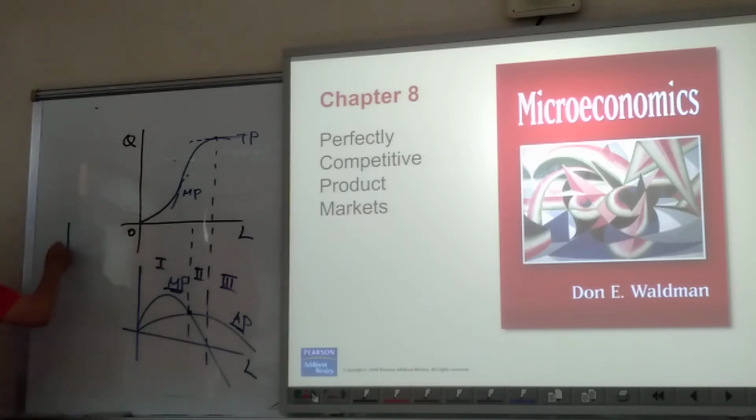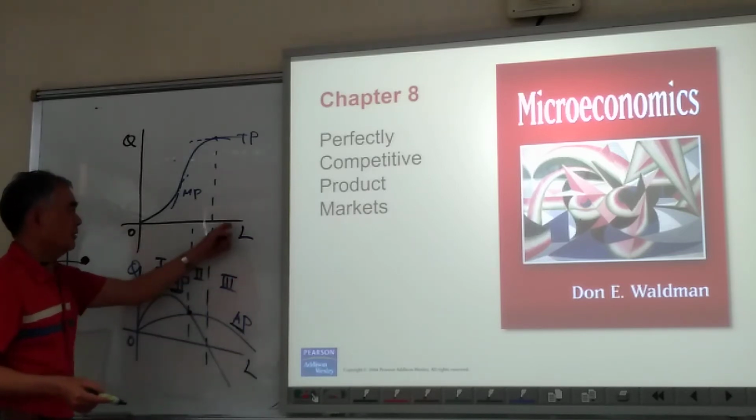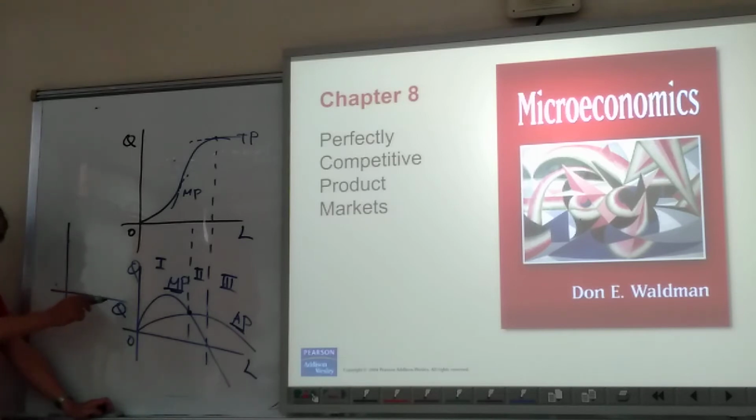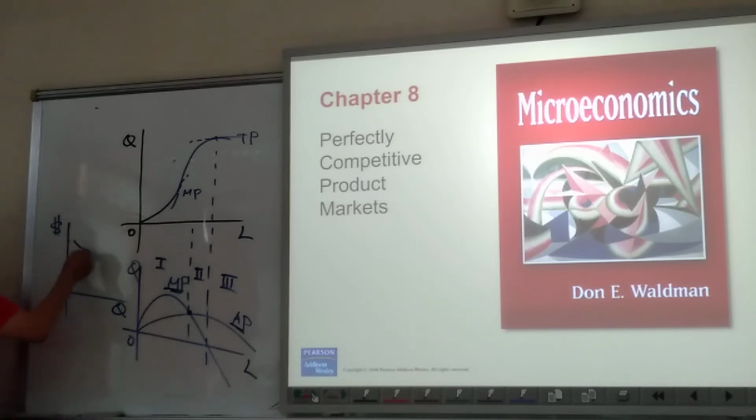So, but now you've got to be very careful because here, okay, is L, input, right? Input, quantity, MP, AP. But now we are talking about cost. So here is production, and here is the cost. So what would the curves of marginal cost and average cost look like? It looks like this. Okay, average cost and marginal cost.